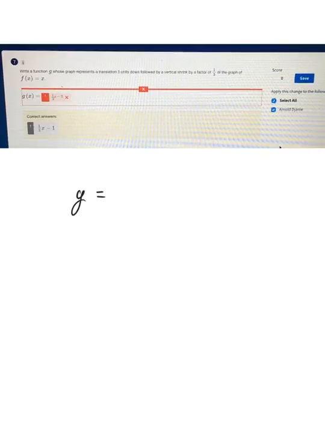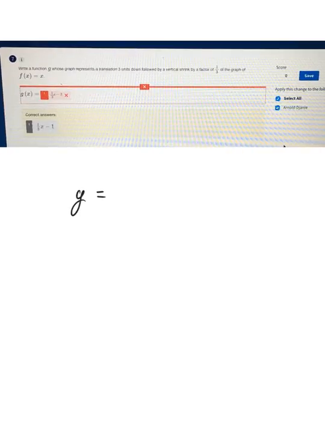The idea was that we have a downward movement, a translation downward of 3. So we take the linear parent function and subtract 3 to drop it down by 3, and then they said followed by a vertical shrink by a factor of 1/3.